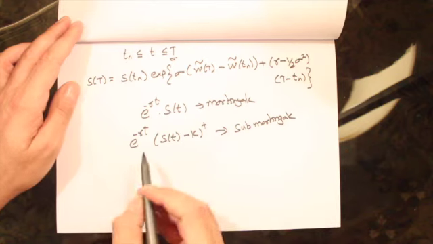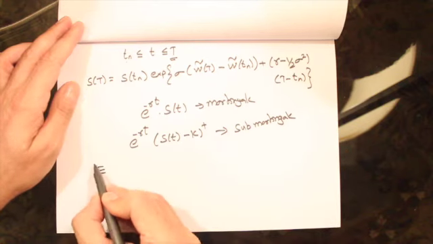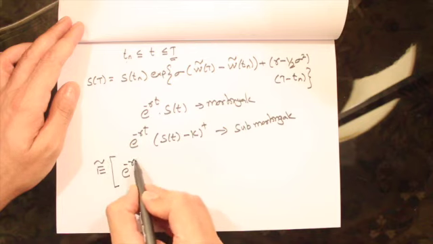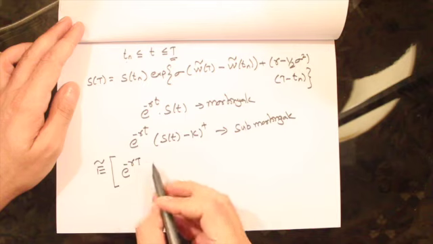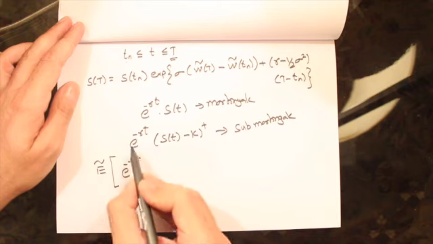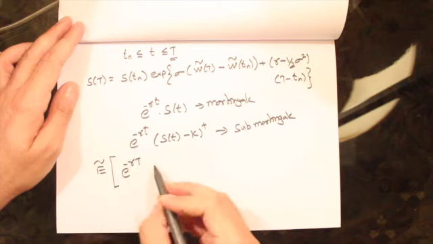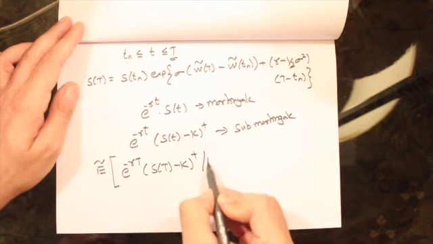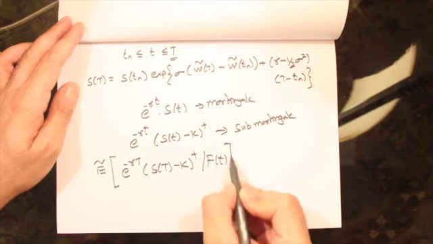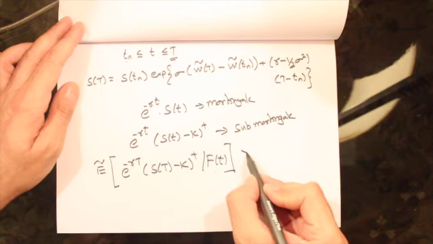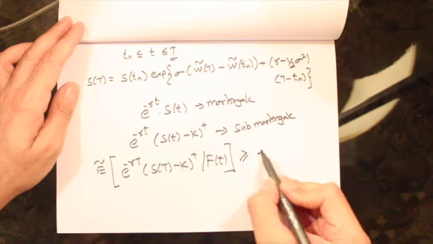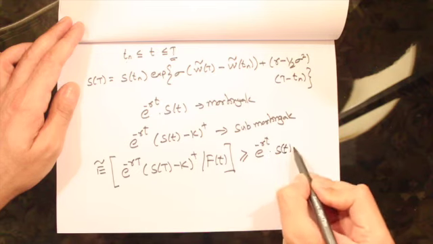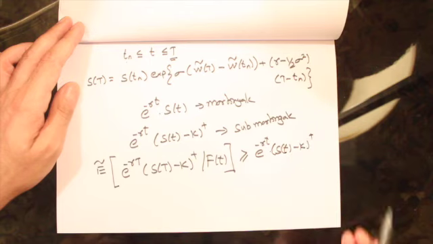So from the submartingale property, we can see that the expected value under the risk neutral measure of e to the power of minus r, instead of small t I'm going to write capital T, so I'm substituting small t equals capital T here, S of T minus K plus, given information at time t, is greater than or equal to e to the power of minus r t, S of t minus K plus, right?